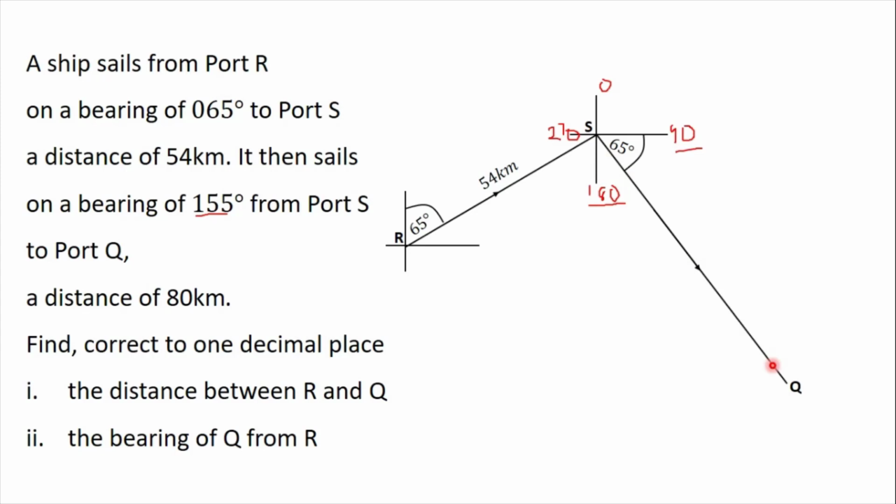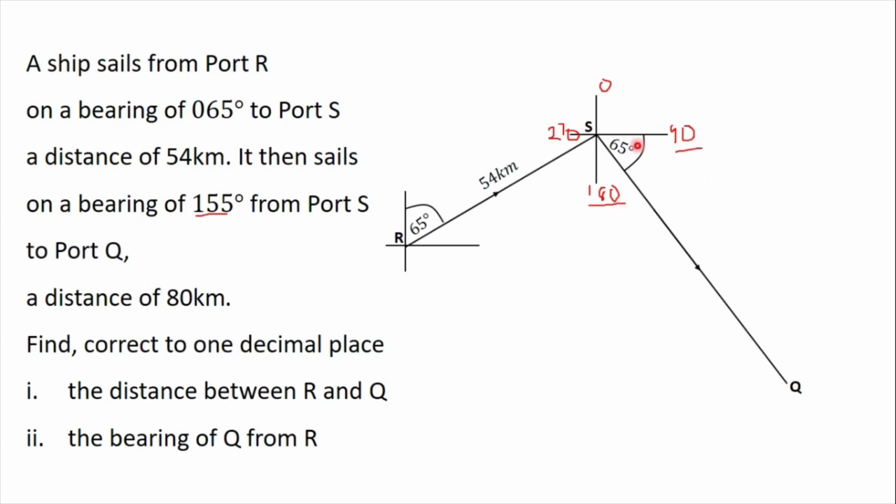As I said in the previous video, make sure that your diagram is appropriate. We know that from 90 to 180 here, the total angle is 90 degrees. 65 degrees is more than half of 90 degrees. So draw something that represents more than half of 90 degrees. You are not going to get it accurately because you are not drawing it to scale, but make sure that your diagram is appropriate.